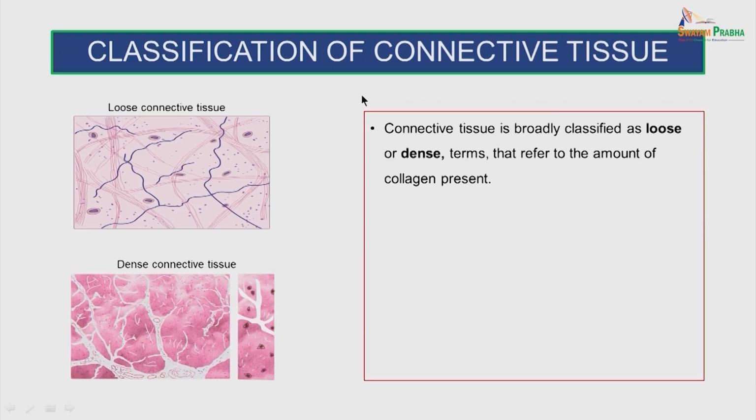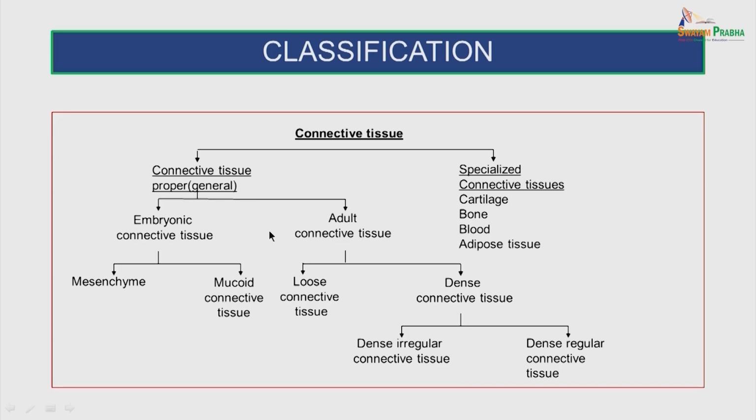Now coming to the classification of the connective tissue, we have the loose connective tissue and the dense connective tissue. The loose and the dense terms refer to the amount of collagen present. We saw the general connective tissue, which is divided into embryonic connective tissue and the adult connective tissue. The embryonic connective tissue is again divided into mesenchyme and the mucoid connective tissue.